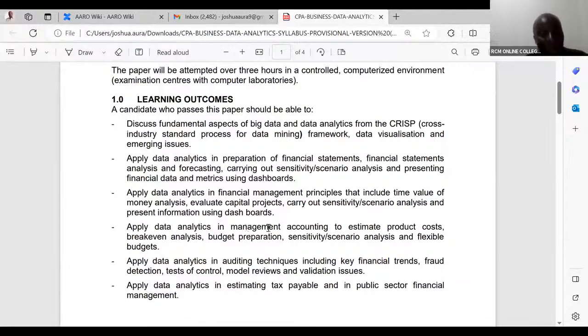Apply data analytics in management accounting to estimate product costs, break-even analysis, budget preparation, sensitivity and scenario analysis, and flexible budgets. Apply data analytics in auditing techniques, including key financial trends, fraud detection, tests of control, model reviews, and validation issues.